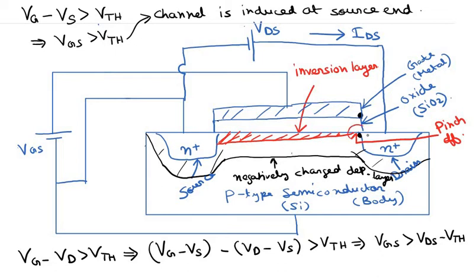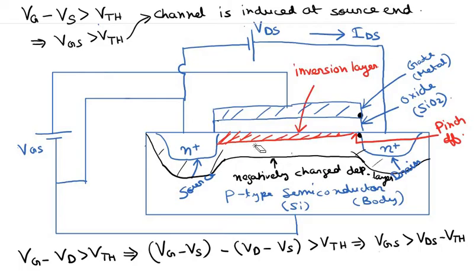And at the extreme right end there is no channel, so this region is known as pinched off region, and this region contains depletion charge. And the condition that is needed for inducing a channel at the drain end is VGS greater than VDS minus VTH. Okay, now let us assume that this condition is made, that VGS right now is greater than VDS minus VTH.